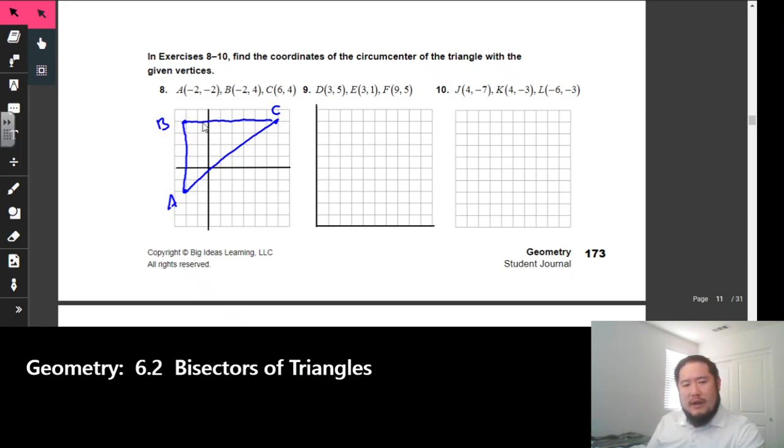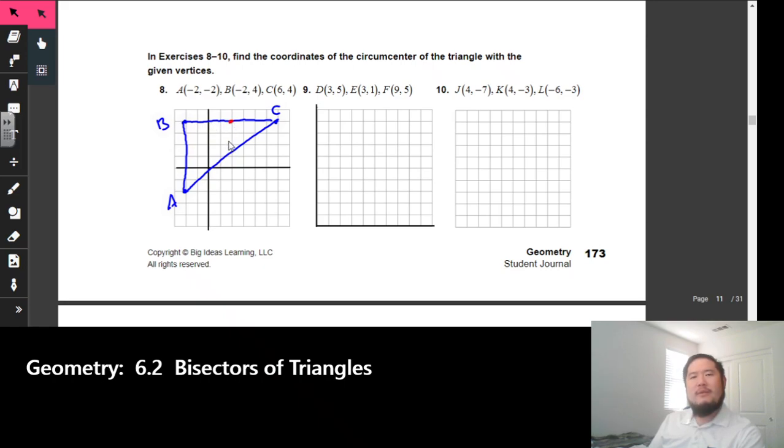So let's look. If I know that B to C, let me count this out. 1, 2, 3, 4, 5, 6, 7, 8. That length is 8. Half would be 4. So how about I count 4 units from point B going to C right here. So we got 1, 2, 3, 4.